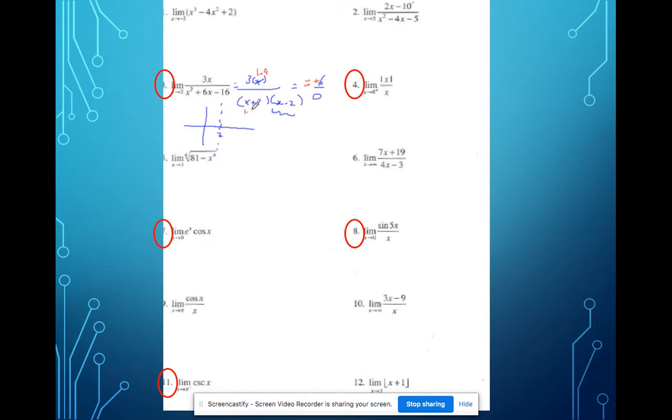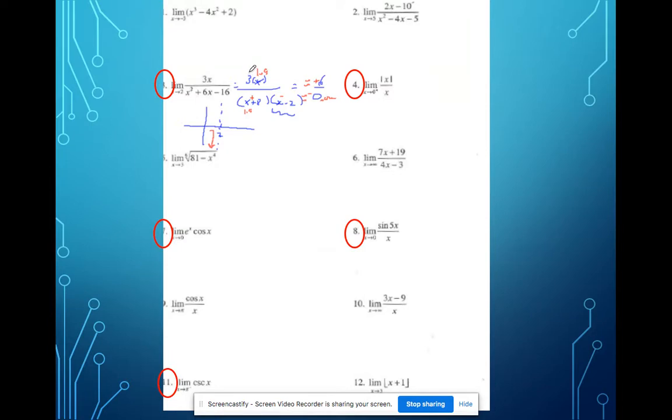If I put 1.9 in here, the first factor of the denominator is positive, but 1.9 minus 2 would make a negative. So I would have a positive times a negative, which would be a negative something really close to 0. What is positive 6 over negative 0.000-something, really, really close to 0? Swoosh down.